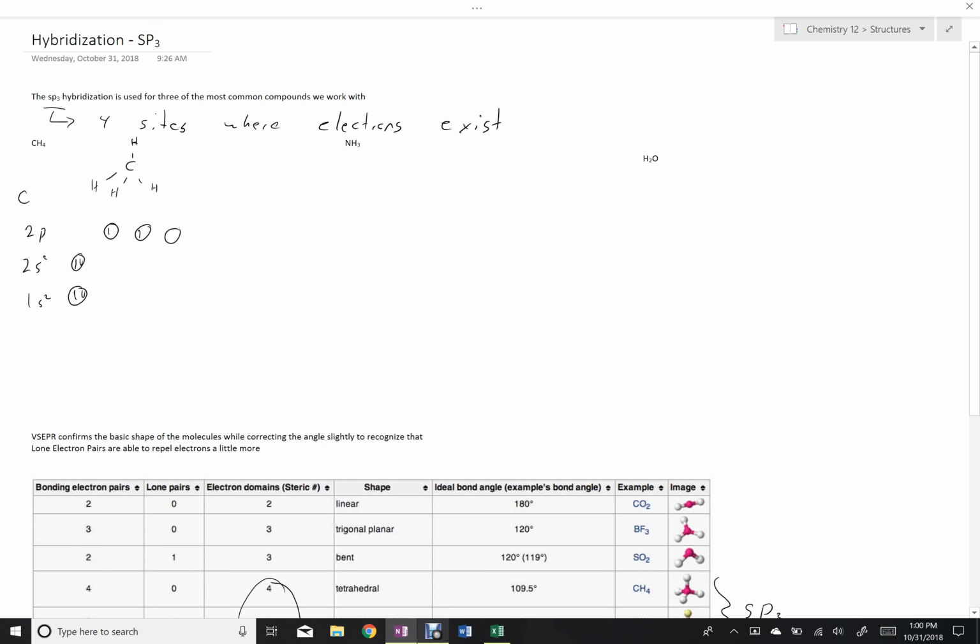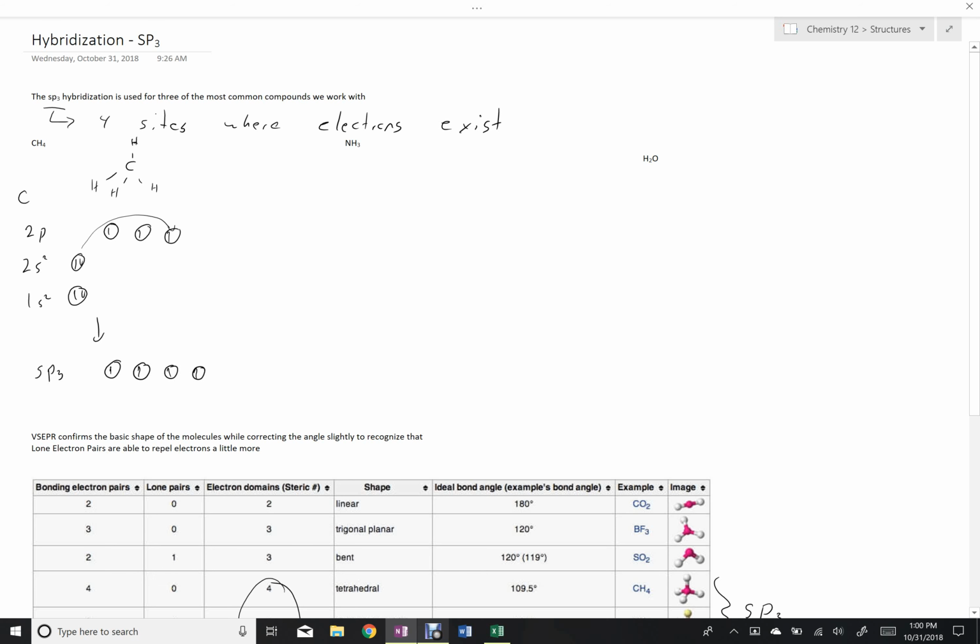And so, to hybridize, it's going to promote 1 electron up to that p shell, and then all the shells, which have to be identical, will hybridize into sp3 shells, each containing 1 electron, being available to form covalent bonds with 4 hydrogen atoms.